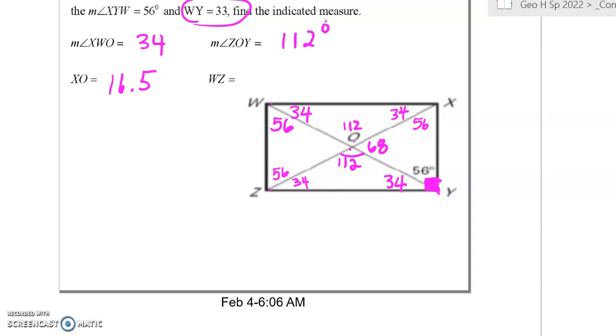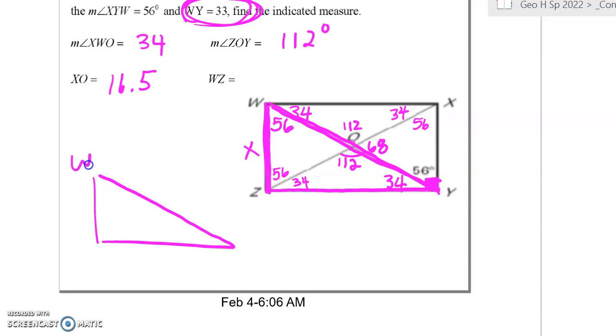Okay, and then WZ, and WZ is here. We don't have any side lengths except we do know that WY or XZ is 33. But if this is the side I'm looking for, I know WZY makes a right triangle.